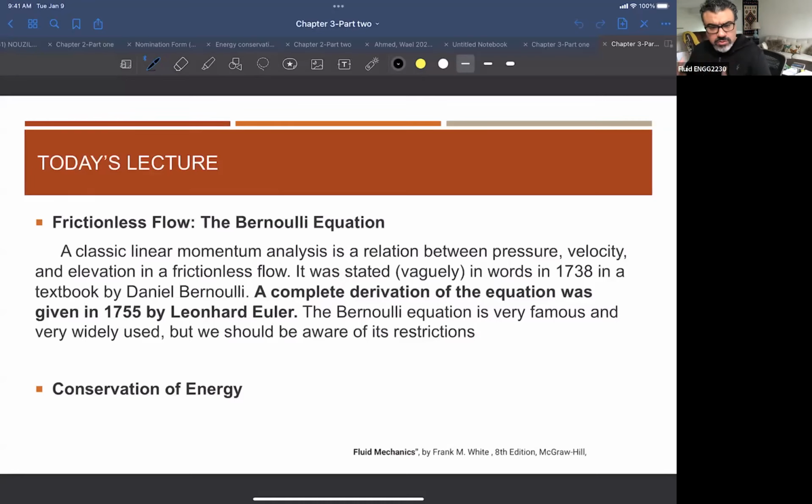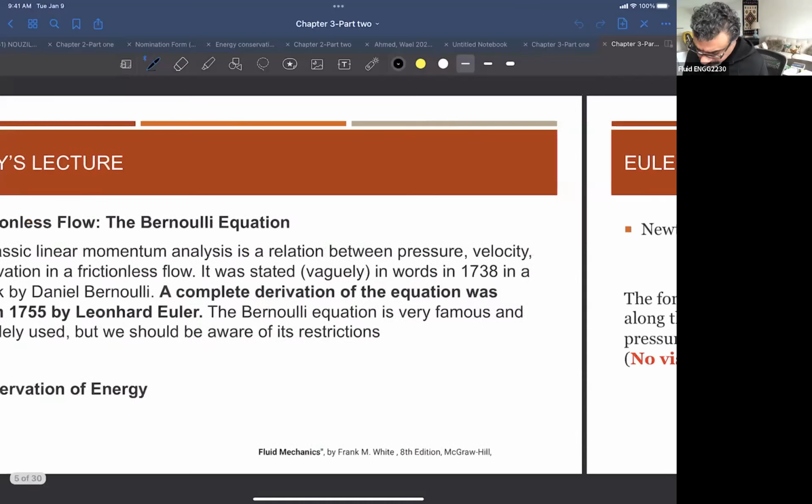So this analysis or derivation came first from Euler, and it's called the Euler equation, and then Bernoulli expanded this analysis in order to apply it over a certain condition in fluids, to represent something called the conservation of energy equation. Okay, so it is about conservation of energy: energy in, energy out, and the change of energy within the system, similar to the way we did conservation of mass and conservation of momentum.